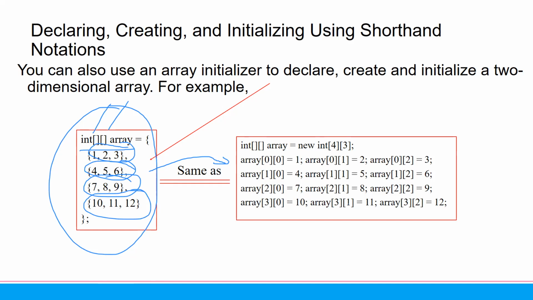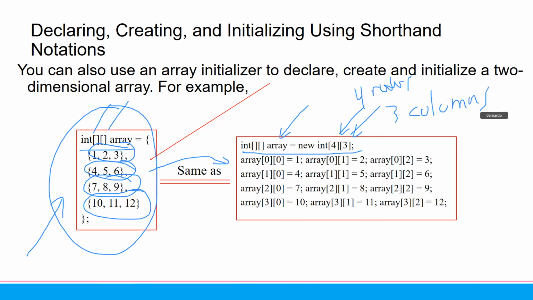But if you think that it's confusing, it's very complex to define like this one, and you want to use the traditional way, that's also fine. Then you need to specify one by one. For example, I would like to make an array, and it is two-dimensional, and the first step is to define the size. So we have 4 rows, and then we have 3 columns.